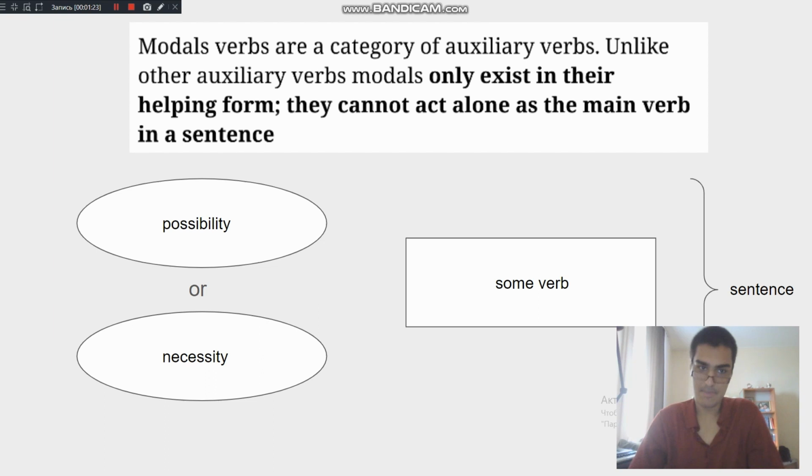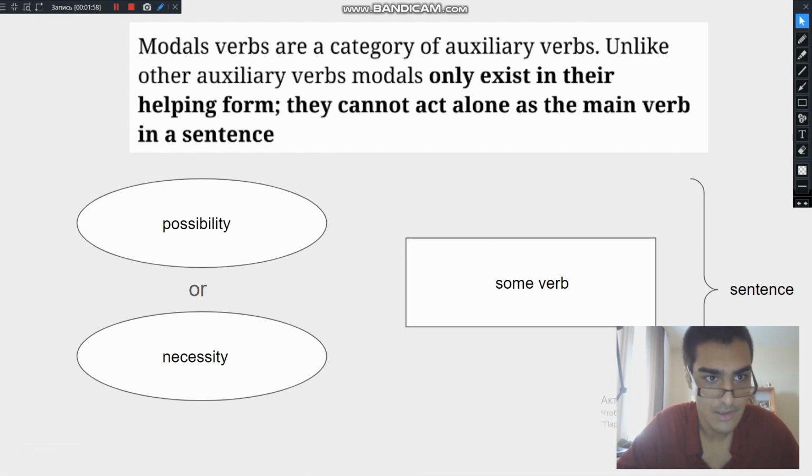So basically, modal verbs are a category of auxiliary verbs, which means they are the verbs that help form a sentence. If you take a lot of auxiliary verbs, you cannot form anything that will have meaning by itself, because they're there only to help. And basically, these auxiliary verbs are added to give more texture to the sentence. So, modality is basically this.